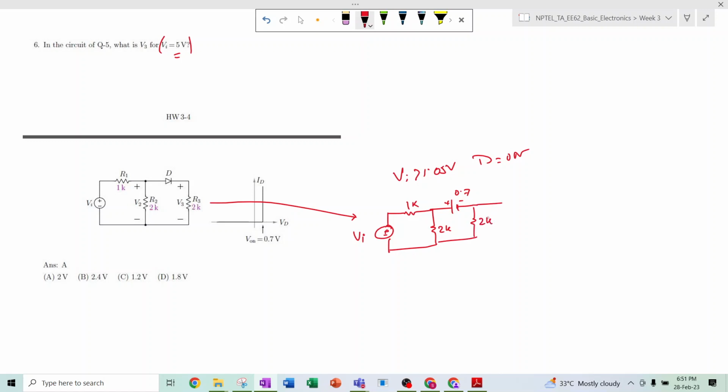So the voltage across this output port is referred to as V3, and here it is referred to as V2, right? So now what will be the voltage across it?